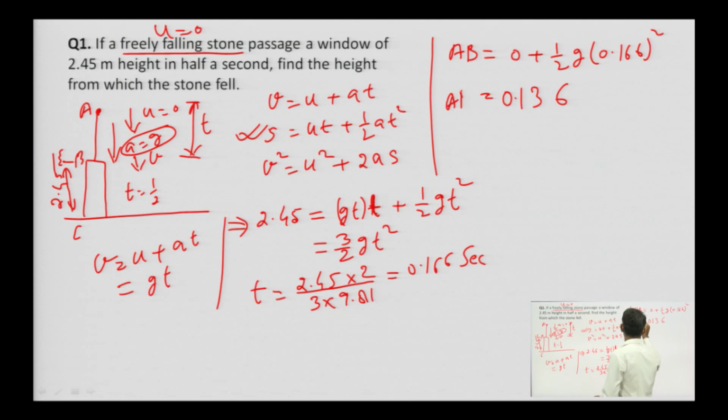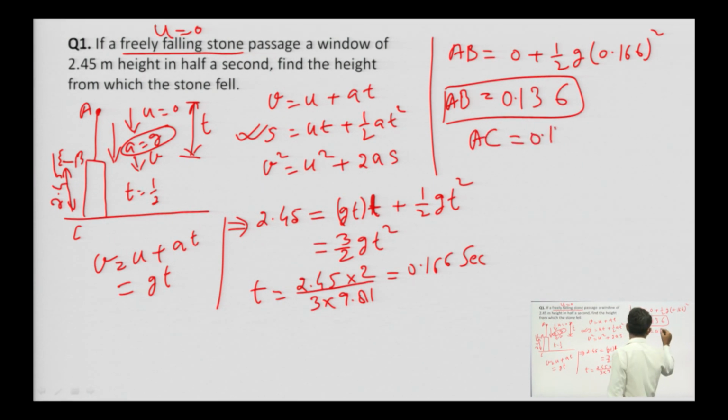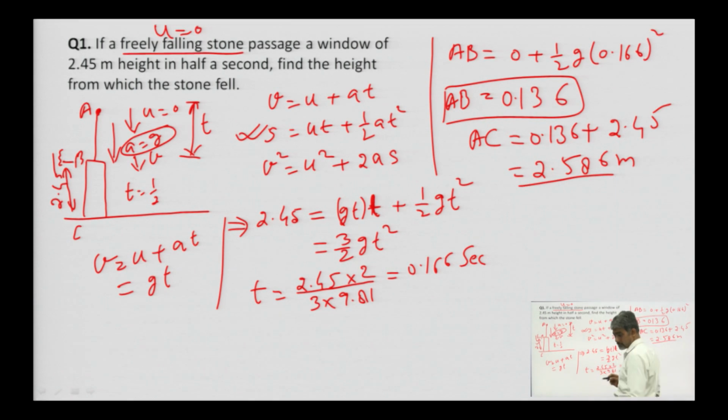AB distance is 0.136. If you need to calculate the total, then add 0.136 plus 2.45, so it is 2.586 meter.